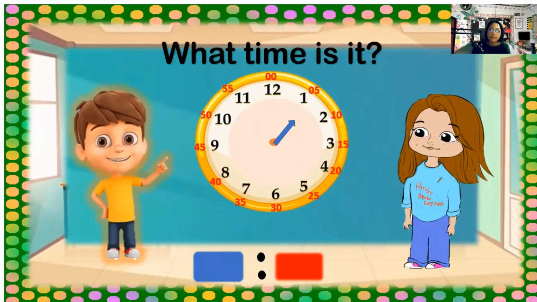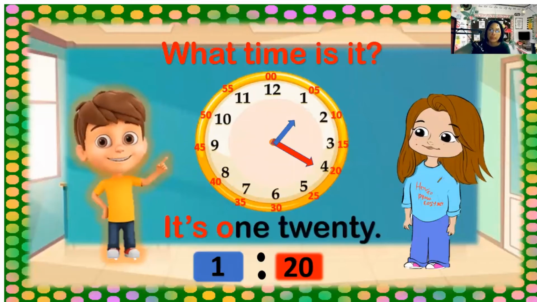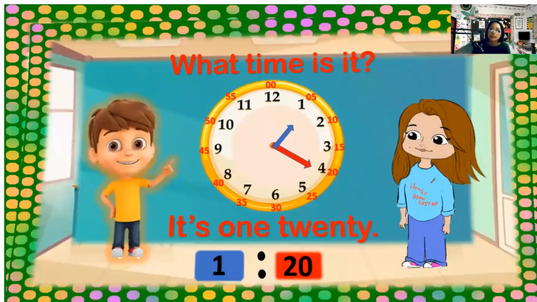What time is it? So here you see the short hand is pointing to 1, and then the long hand to 4, or the minutes, which is 20. What time is it? It's 1:20.